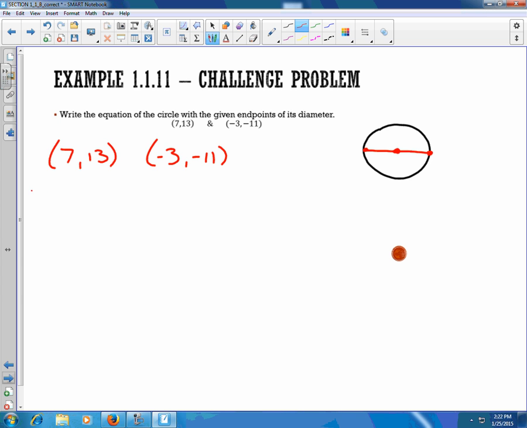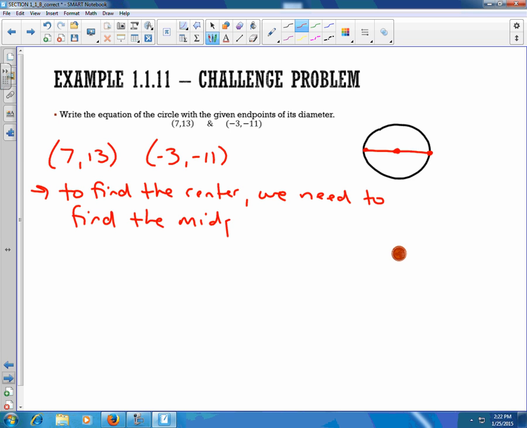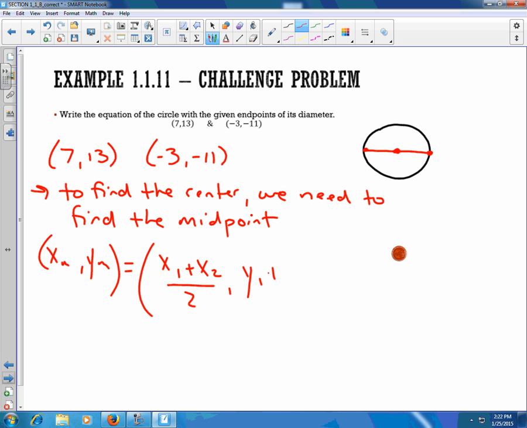So to find the center, we need to find the midpoint. If we refer back to the section before this, the midpoint formula is given by (x1 plus x2) over 2 and (y1 plus y2) over 2.